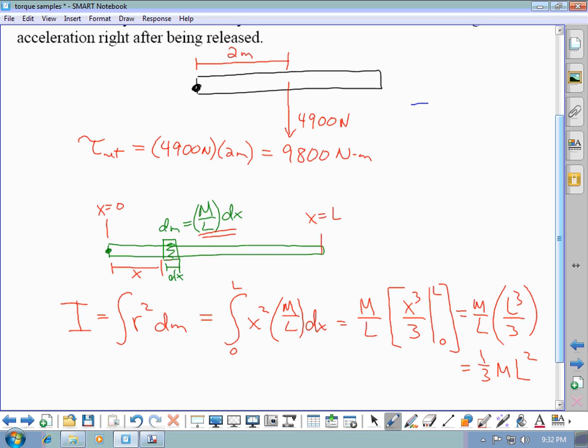So for this beam, that means that the rotational inertia is 1/3 times 500 kilograms times its length of 4 meters squared. If we calculate that, we get a rotational inertia of 2,666.67 kilogram meters squared.